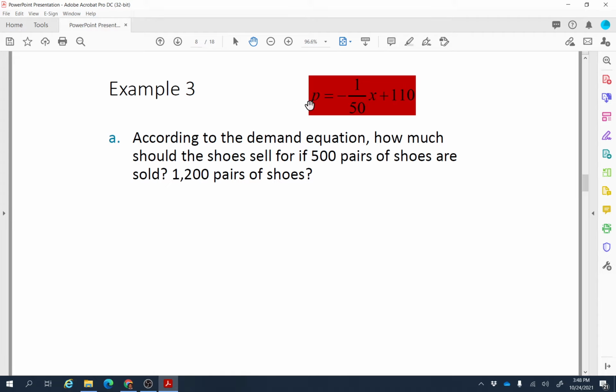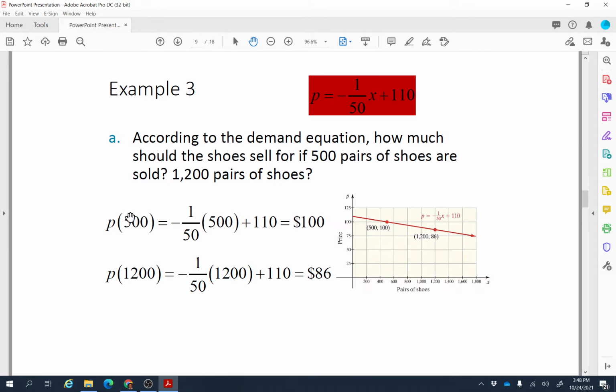So we're going to find that information by plugging in x equal to 500 first and x equal to 1200 here. If you put x equal to 500 here, that would be 100 bucks. If x equal to 1200, that would be 86 bucks. So the price of the shoes would be 100 bucks if you sell 500 shoes, and the price would be 86 bucks if you sell 1200 shoes.